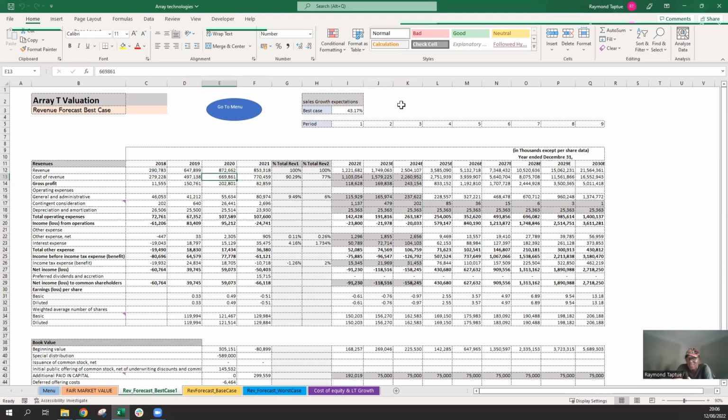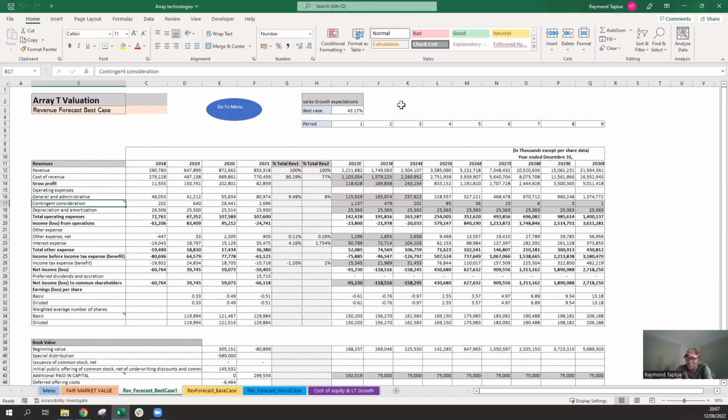I expect that this condition will remain, under the best case, until at least 2024. So from 2022 to 2024, I will represent the cost of revenue as at least 90% of total revenue. And from 2025, we will revert to the pre-COVID relationship, which was about 77% of total revenue. Having said that, we can populate the remaining cells.